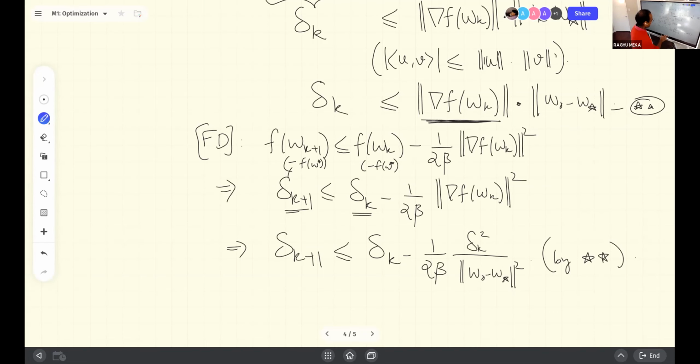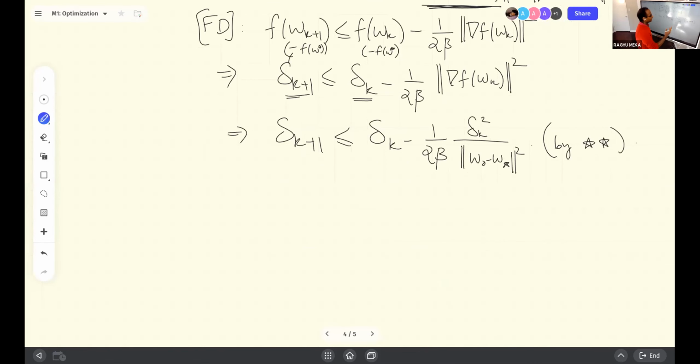Okay, so now this is some numerology. There are many ways to solve it, but the main intuition is that if you're very far, then you make more progress, and that will give you enough leeway to make the analysis go through. So just for brevity, let me denote this whole thing as lambda. Okay.